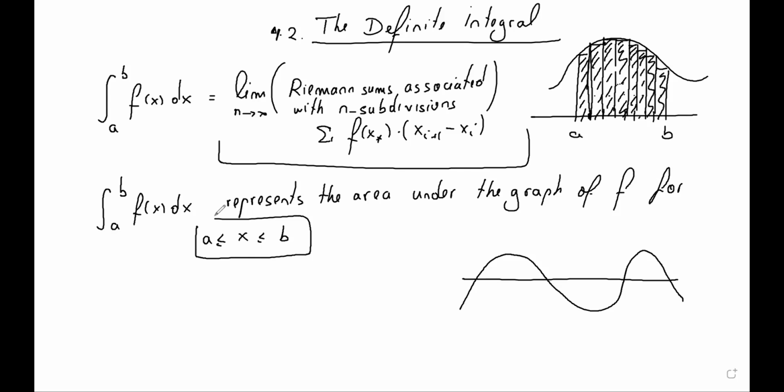So it represents this area. But that's only if f is greater than or equal to 0. In other words, f is above the x-axis. The x-axis would be this one here.